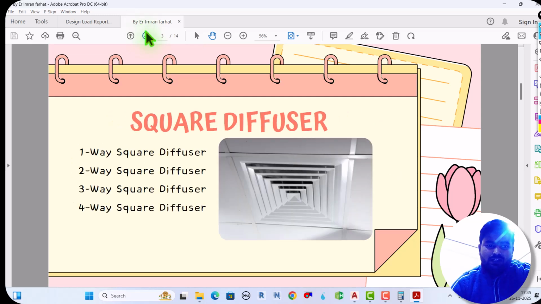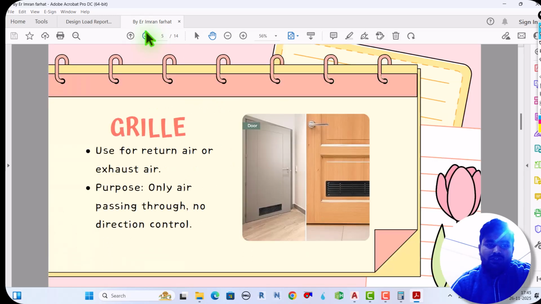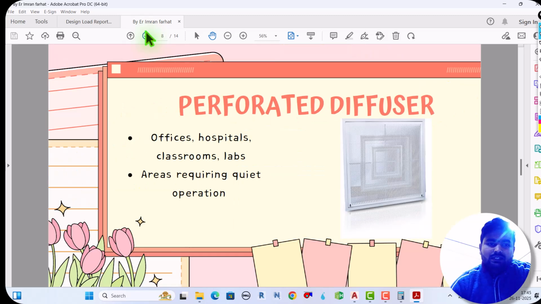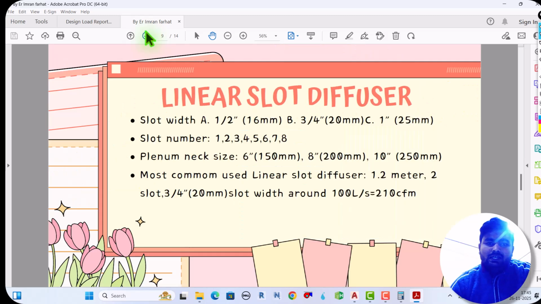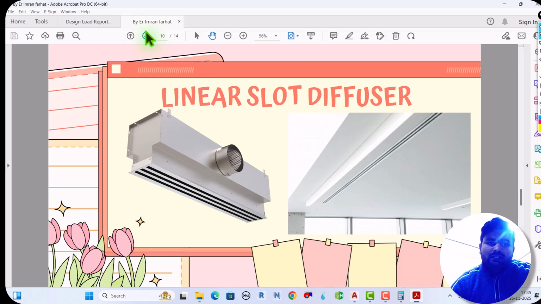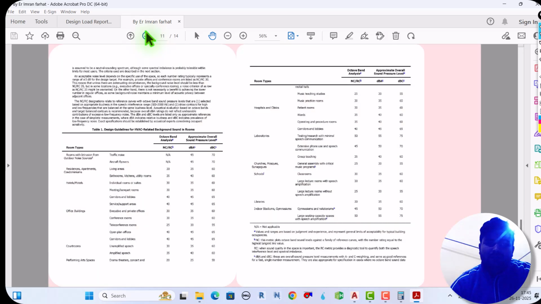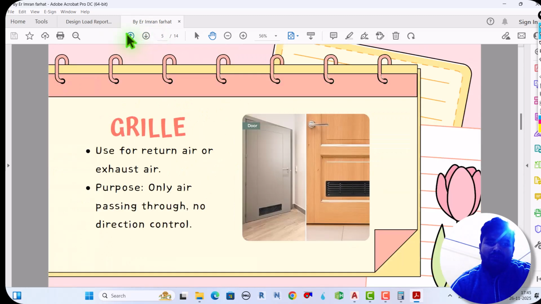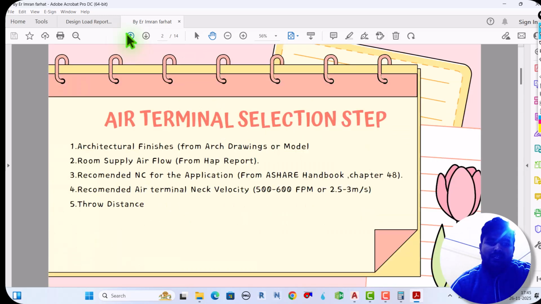First one is square diffuser, second one is round, third one is grille, fourth one is register. Fifth one is jet nozzle, and then perforated, and linear slot diffuser, and disc valve. So this type of diffuser we select based on the architectural finishes.